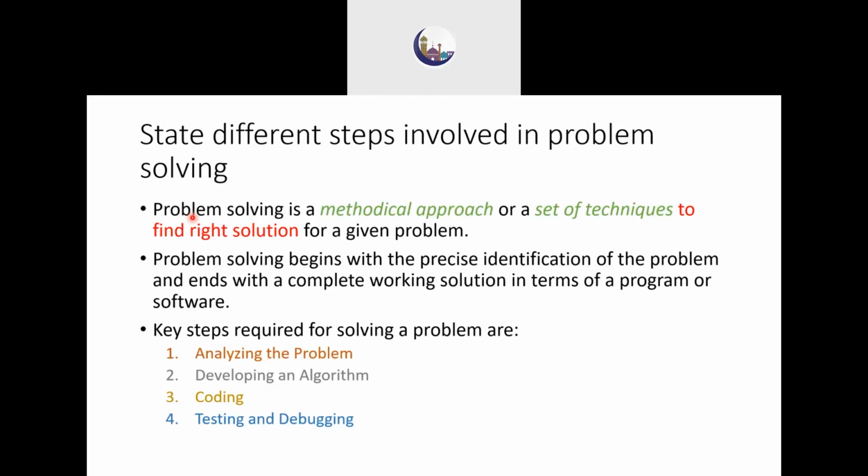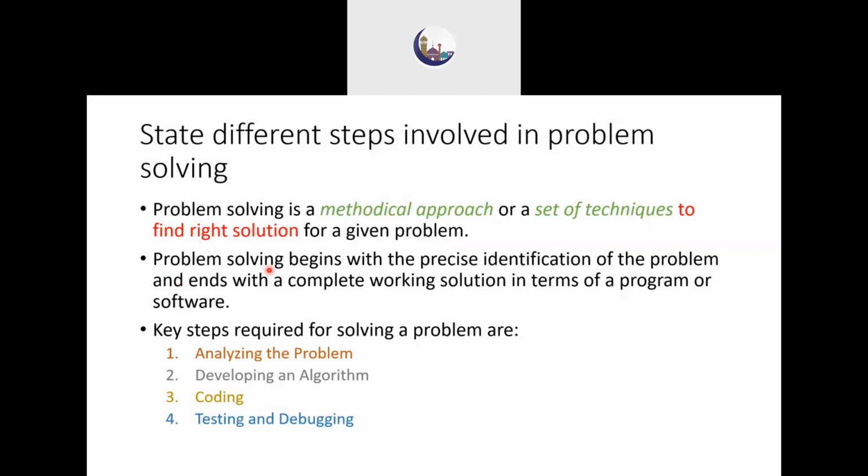So there is a lengthy process which we have to adopt. Whatever the problem is, problem solving is a methodical approach or a set of techniques to find the right solution for a given problem.